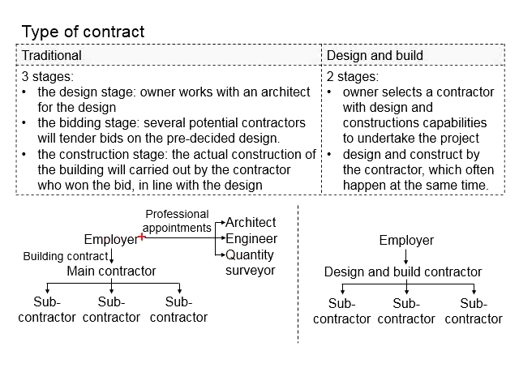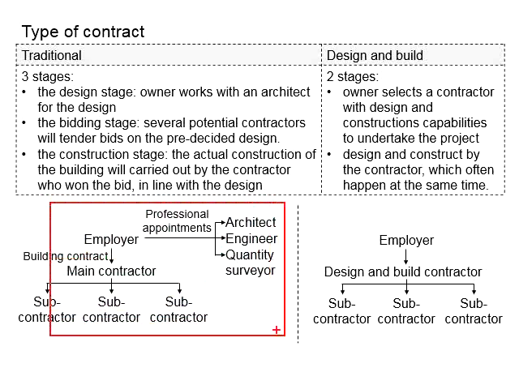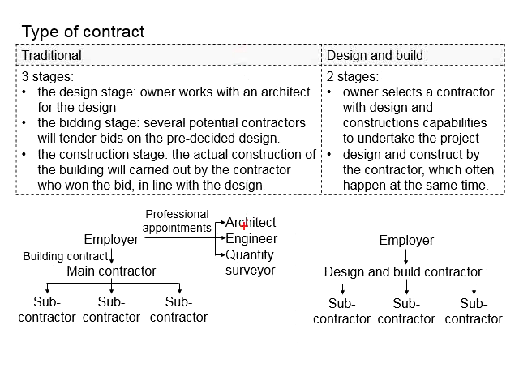This is different from the conventional type of construction where the design is done by the architects and the engineers, which in this case, most likely this kind of contractor has the architects and engineers for themselves. As a result, the employer does not need to appoint professionals to carry out the work. It comes together with the design and build contractor.